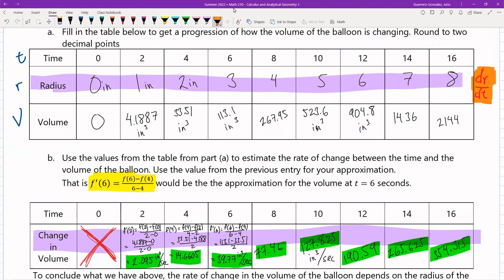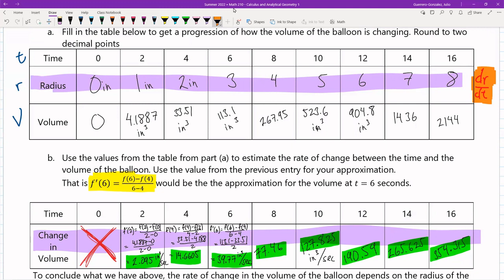This expression was given from the description of the problem. We know that dr/dt is 1 inch every 2 seconds, or equivalently, half an inch every 1 second. So just keep that in the back of your head for now.